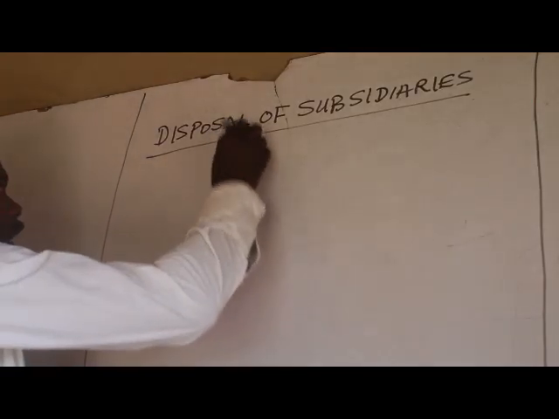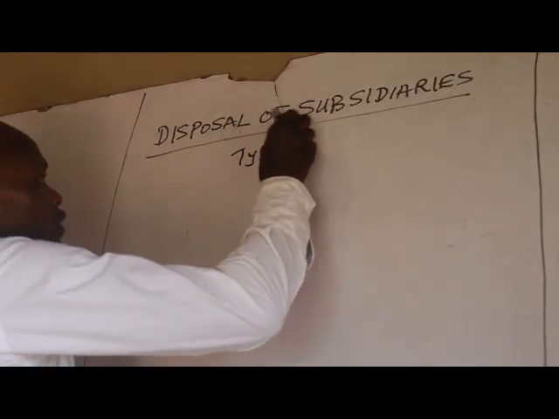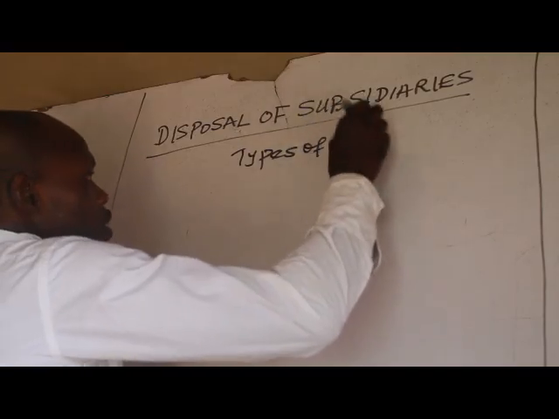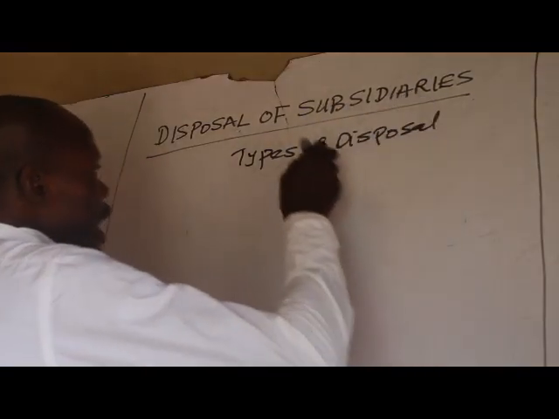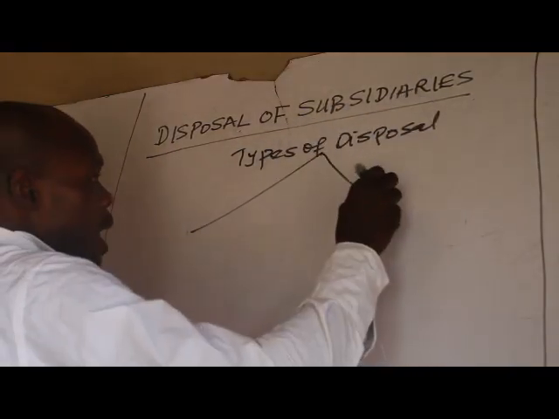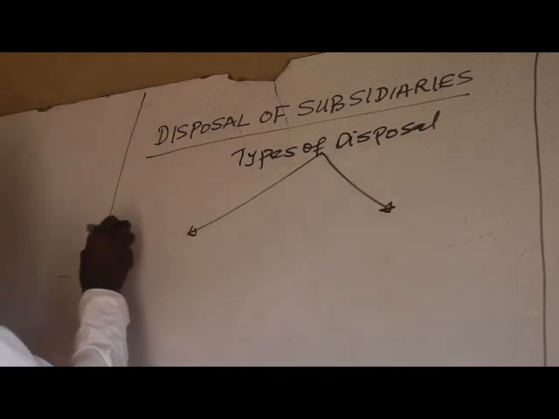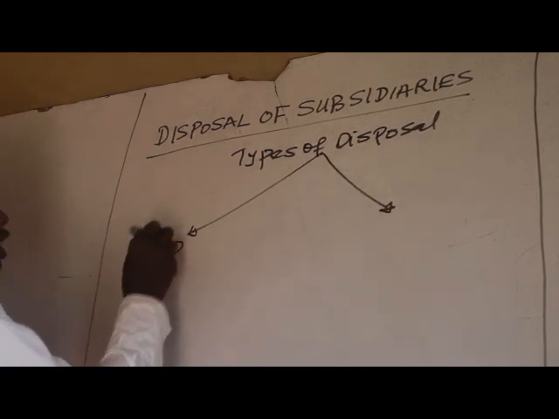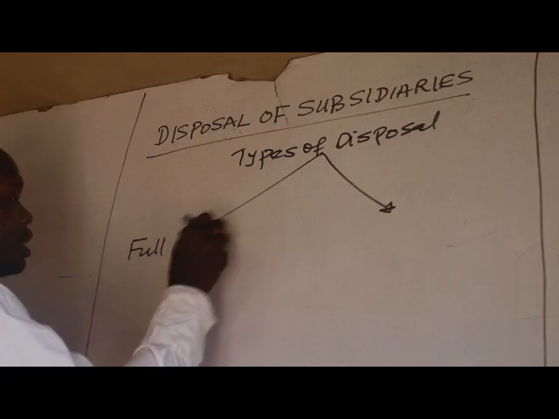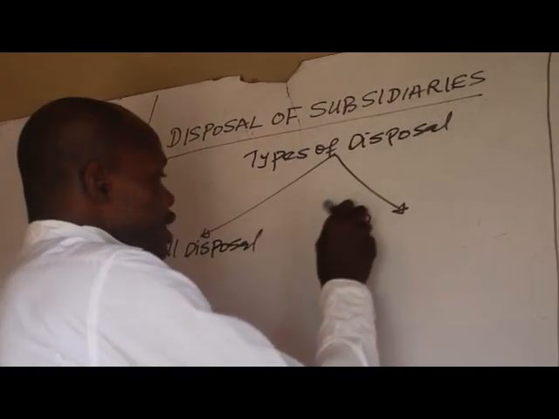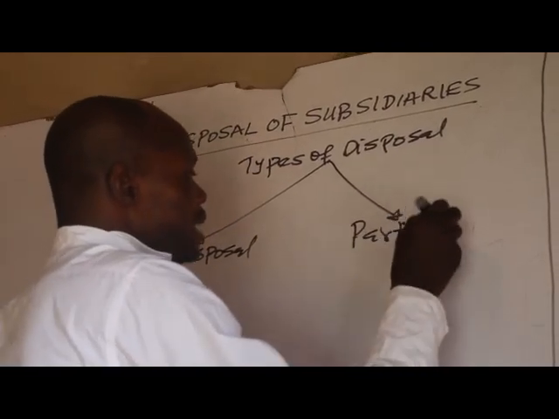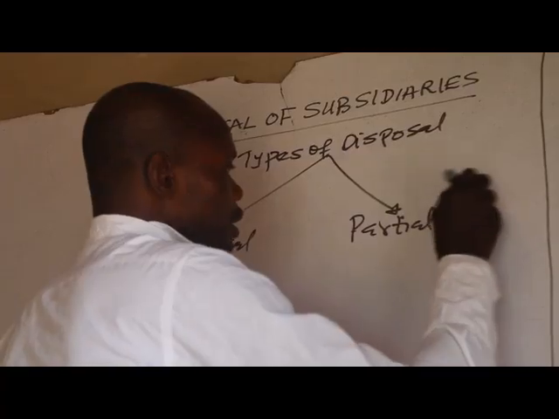Types of disposal. We are going to categorize the disposal of subsidiary into two. Number one, full disposal. Number two, partial disposal.